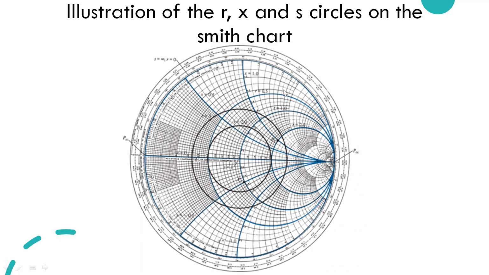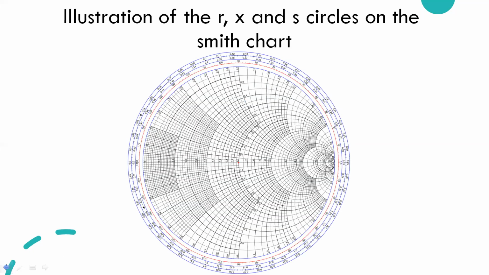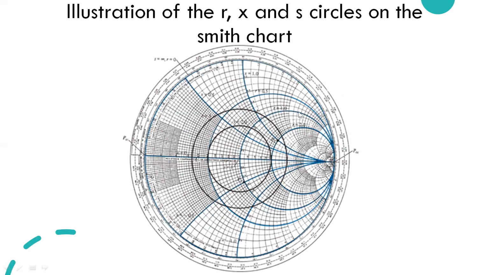The blue lines are for R equal to 0.5, R equal to 1, R equal to 2. As R continuously increases, the radius of the circles continuously decreases.